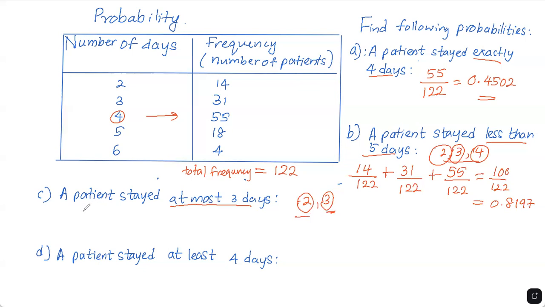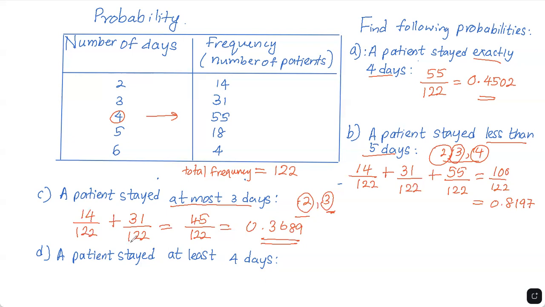So look at the 2 days, frequency is 14 out of 122 plus the second event is number of days 3, which is frequency is 31 divided by 122. So this is 45 over 122 as a decimal number. This is 0.3689.